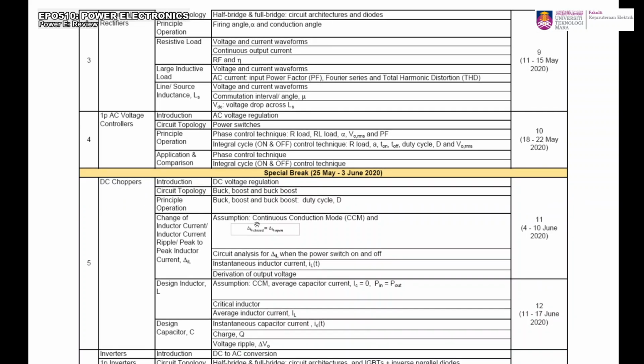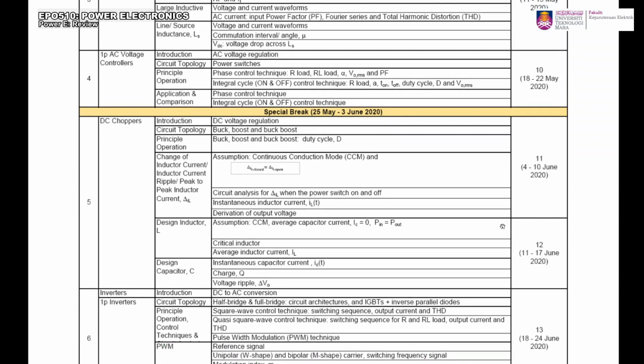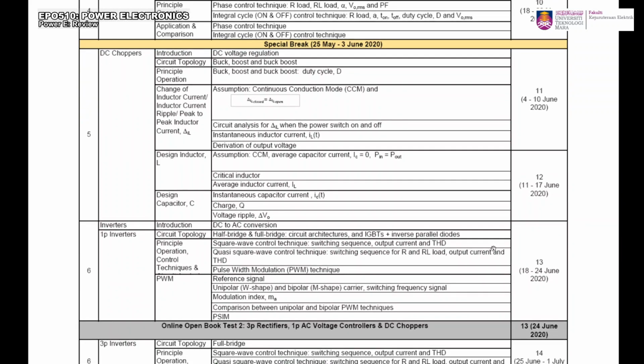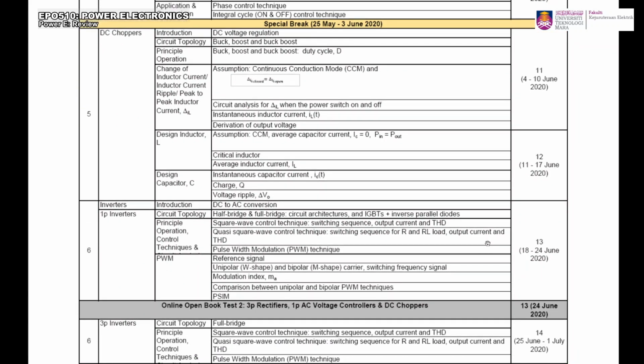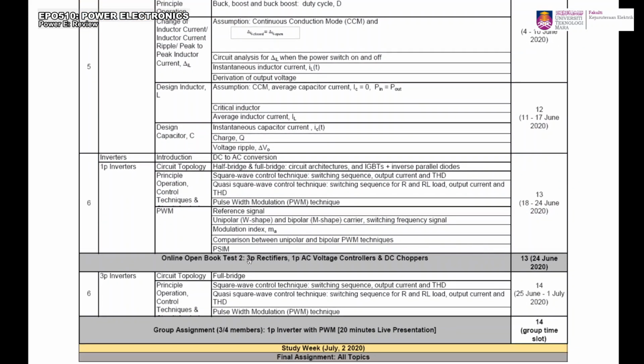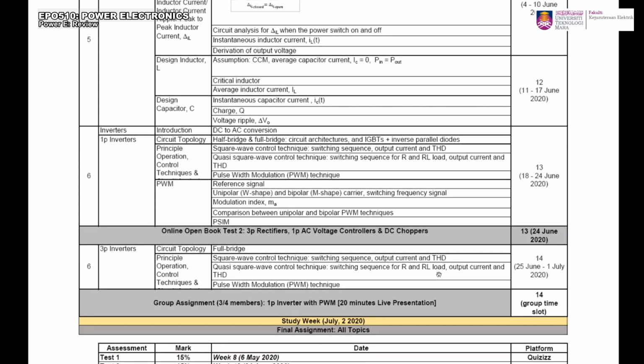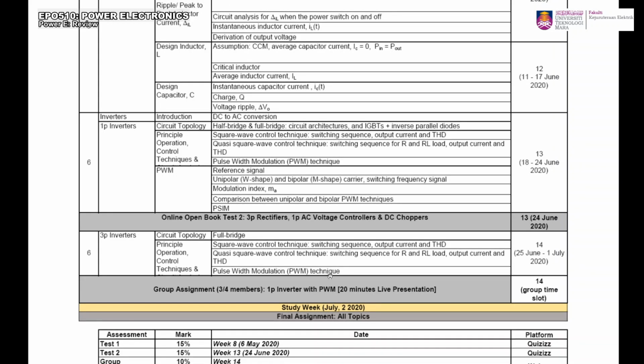We continue with the DC choppers in week 11 and week 12, and then finally inverters in week 13. Then we're going to have test 2 on the 24th of June 2020, and we have another week left after the test, and then we're going to have group assignments.